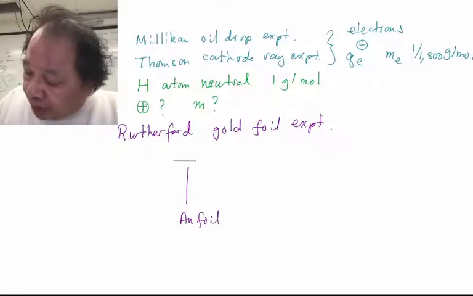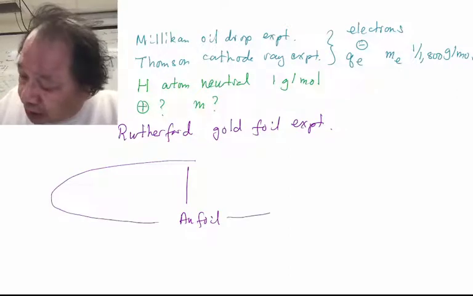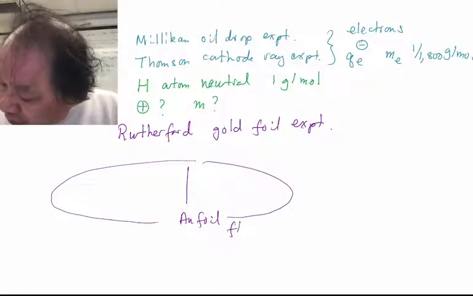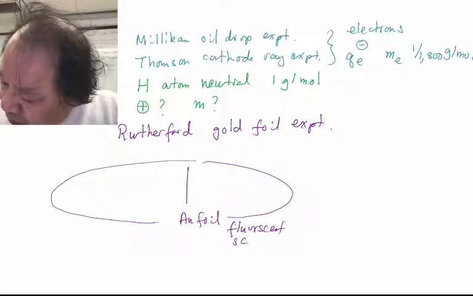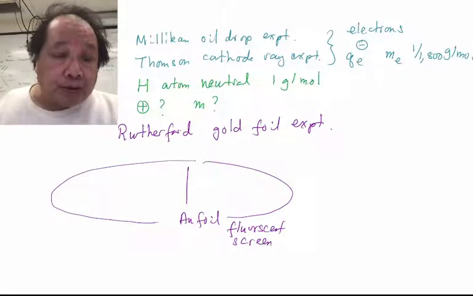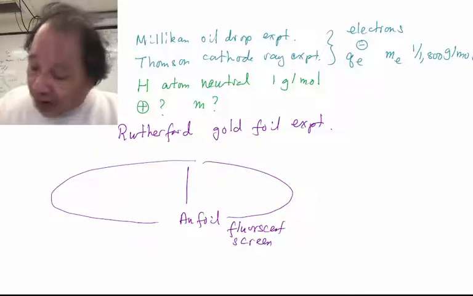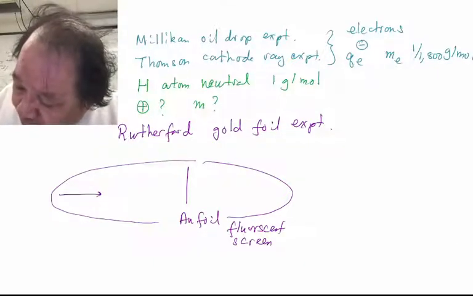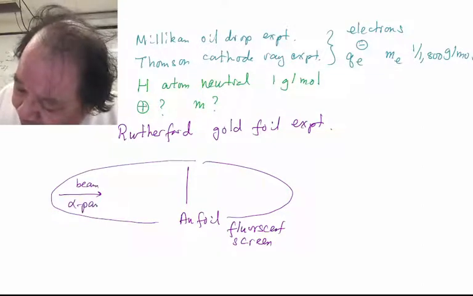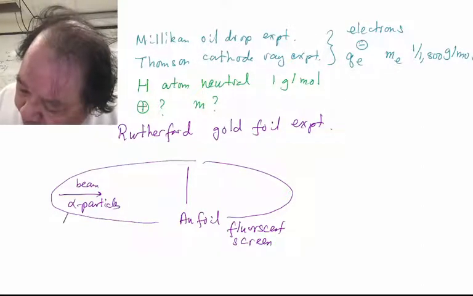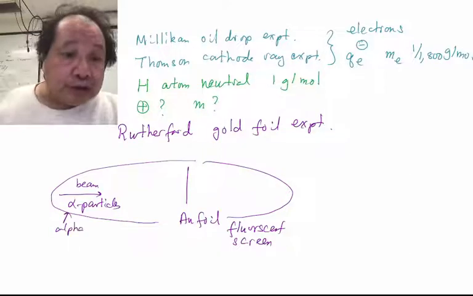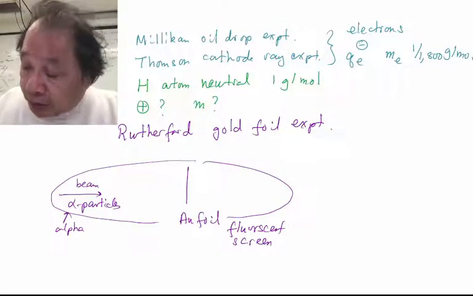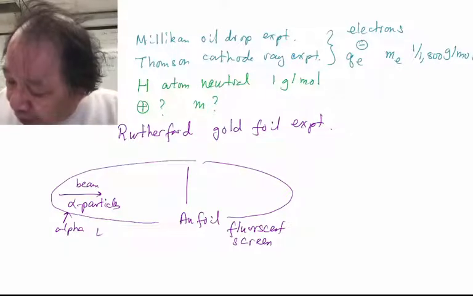We put the gold foil inside a large fluorescent screen. And the fluorescent screen is good because when charged particles strike it, there's a flash of light so you can see it. And we take a stream, which we call a beam, of alpha particles. And an alpha particle is a charged particle, and it's quite heavy. It's 4 grams per mole.